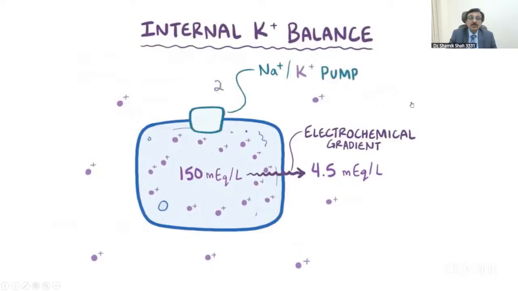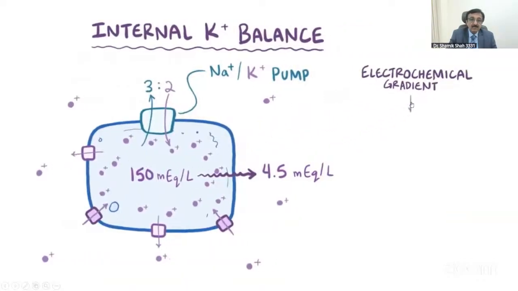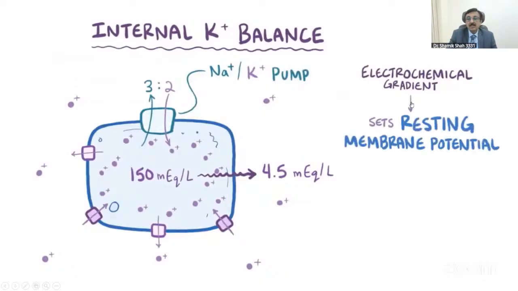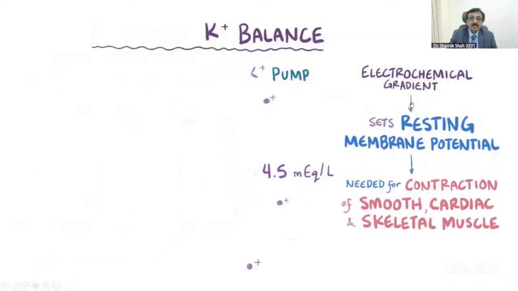And we talk about internal and external potassium balance. So the internal potassium balance, one of the main components is the sodium potassium pump, which is actively generated by ATP, and the other ones are the potassium channels, which are in the lower part of the cell. So this electrochemical gradient that we talked about sets the resting membrane potential, which is needed for the contraction of smooth muscle, cardiac and skeletal muscles.